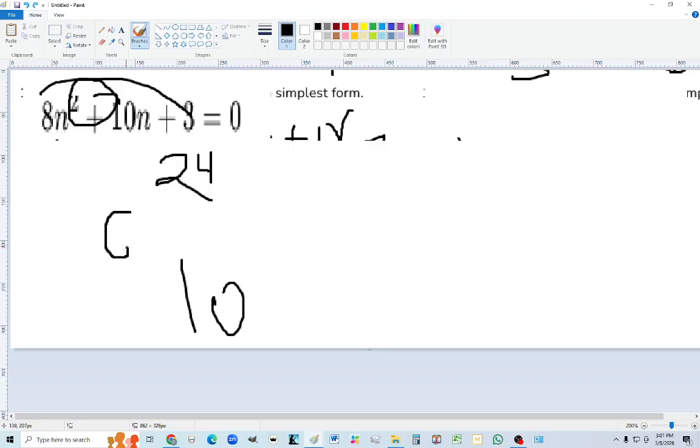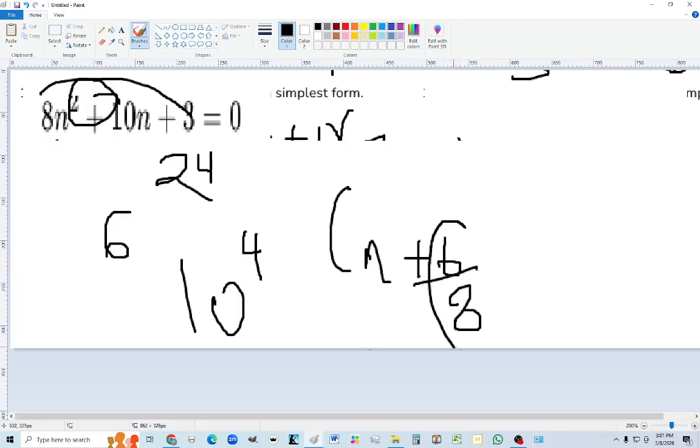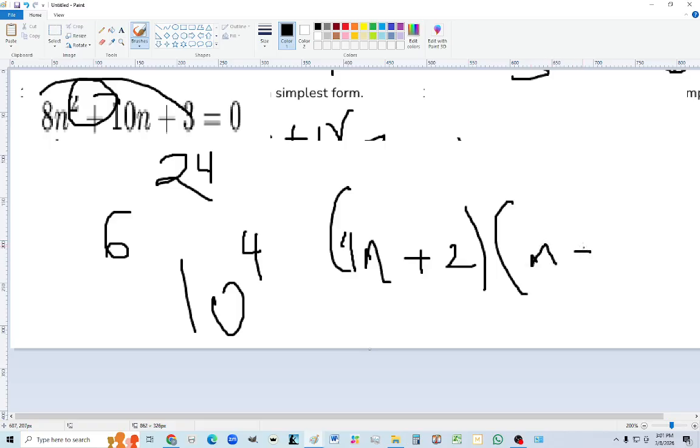6 and 4. If I do slip and slide, it's n plus 6, and I divide it by 8, the front number. They're both divisible by 2. I get 3 over 4, so I get 4n plus 2. And the other one, n plus 4, when I divide it by 8, they're both divisible by 4.